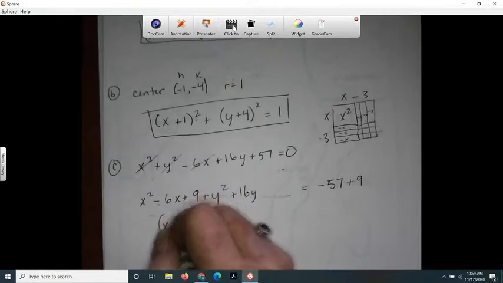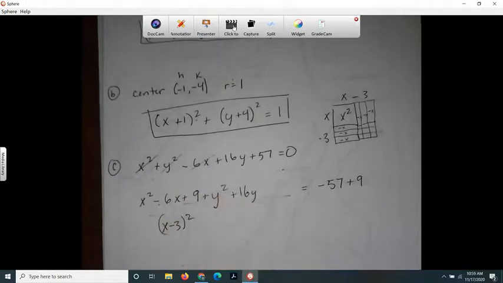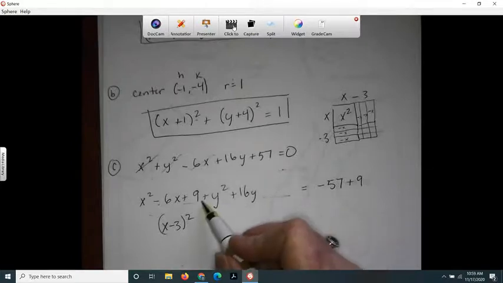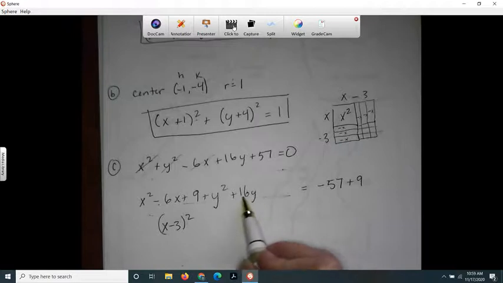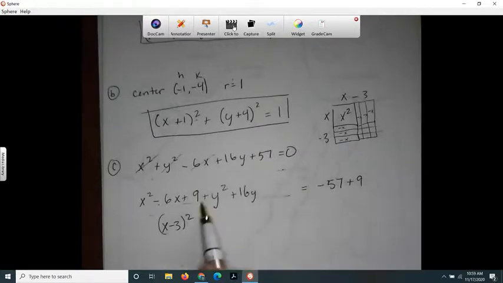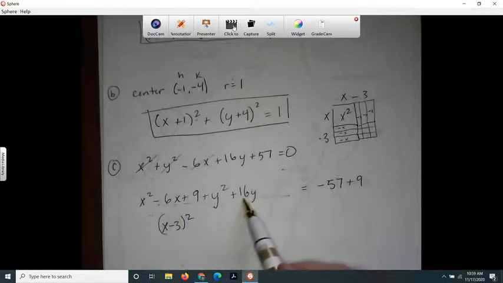Okay, now this one I'm going to do way faster. How did we get this magic number, this 9? We took half of the coefficient of x and we squared it. So I'm just going to take half of 16, which is 8, and I'm going to square it, and that's going to give me 64.